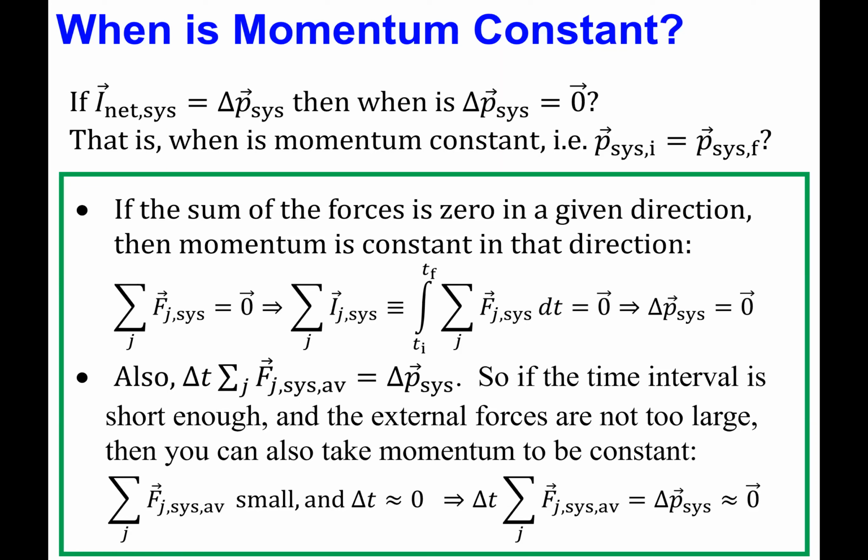So if the time interval is short enough, and provided, of course, that the sum of the forces involved is not too large, then the left-hand side of this particular equation here becomes very, very small. In other words, the change in momentum of the system will be very, very close to zero. So that's an approximate answer, but often approximations in physics, if they're applied correctly, are very, very useful.